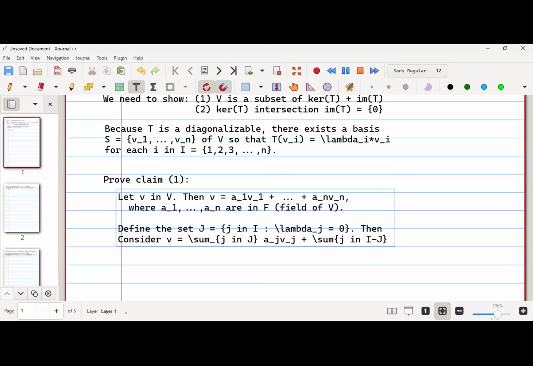Or in other words, a way of indexing all the eigenvectors that do not correspond to the zeroth eigenvalue, if T has one.